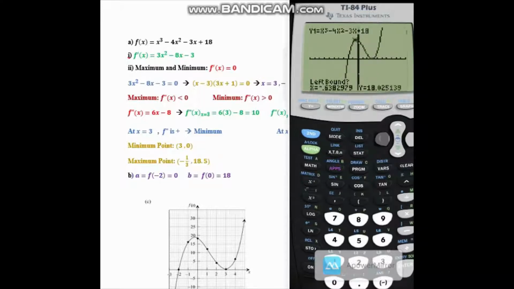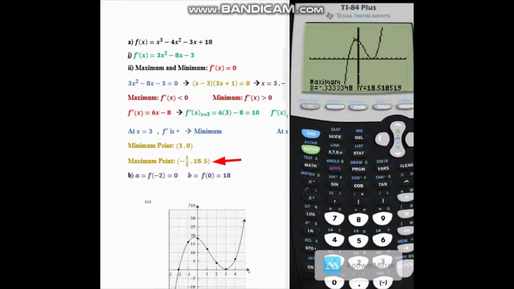I provide a left bound and a right bound, then a guess. So the maximum is negative 0.333, or just negative 1 over 3, and 18.5. And this corresponds to what we have written using the manual approach.